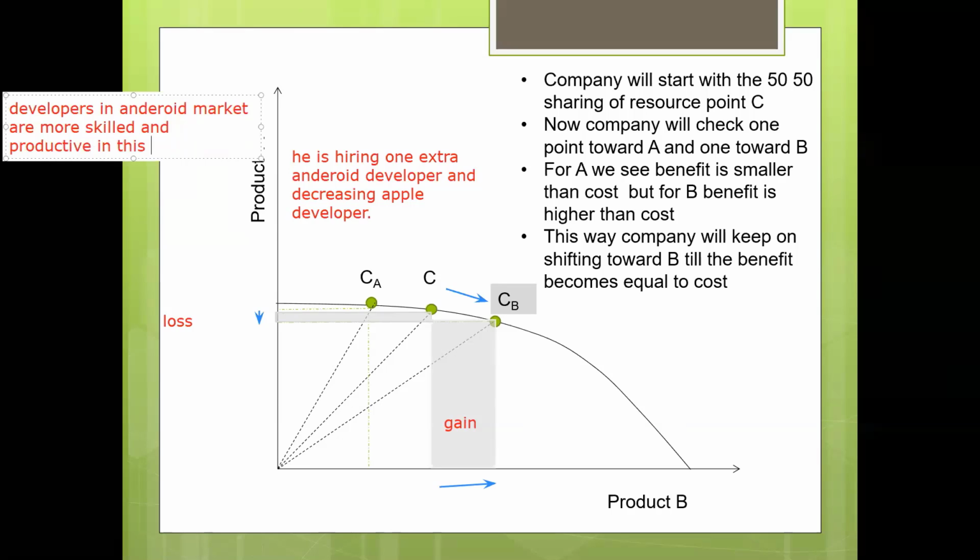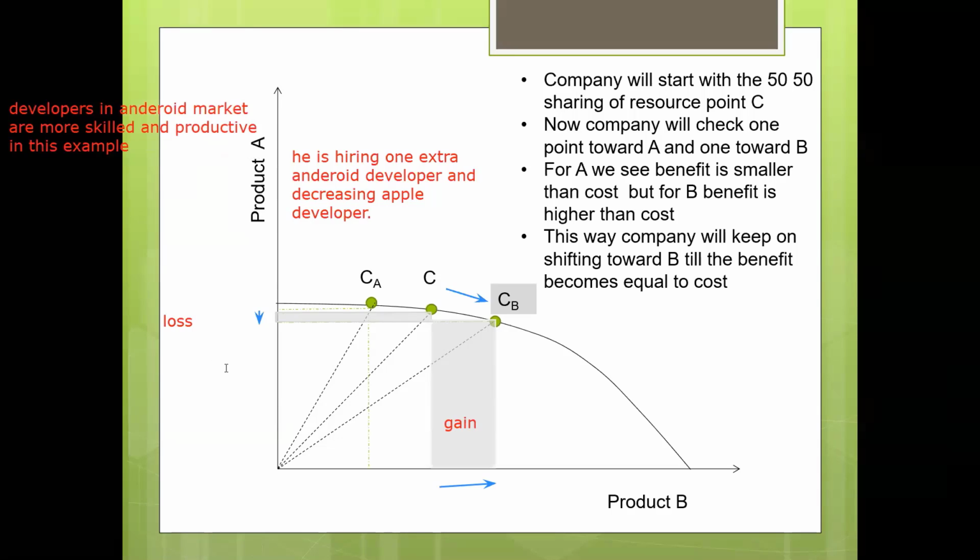If the example was reversed, so that the Apple developers are more skilled, then you would see that the curve is more outward from the product A side. So here we can see that the seller should move towards CB.